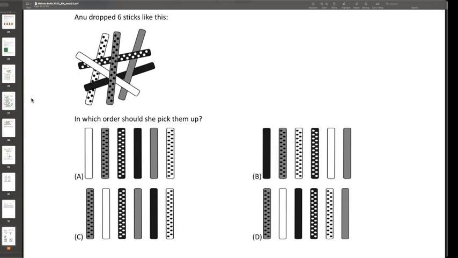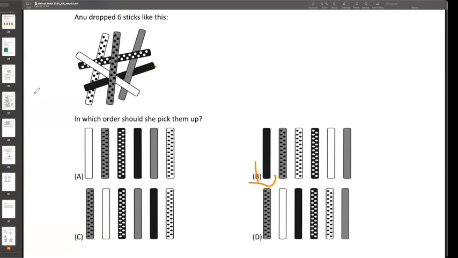Okay, so for B, the thing is it starts with the black stick. So this one, in B option, the black stick is picked up first.